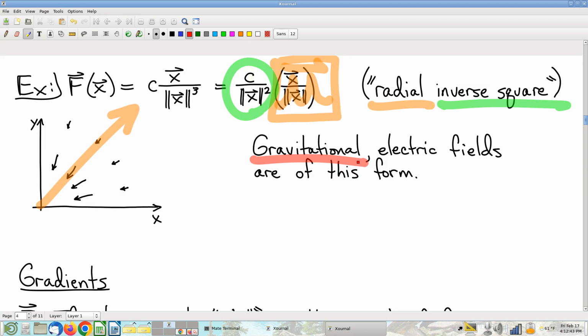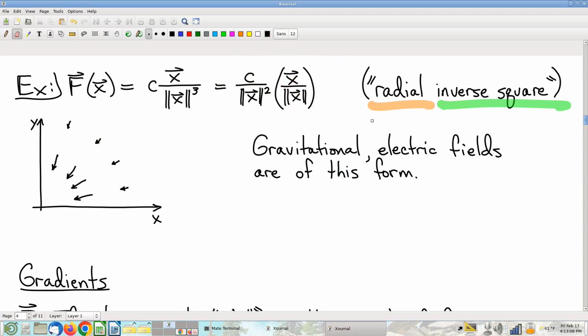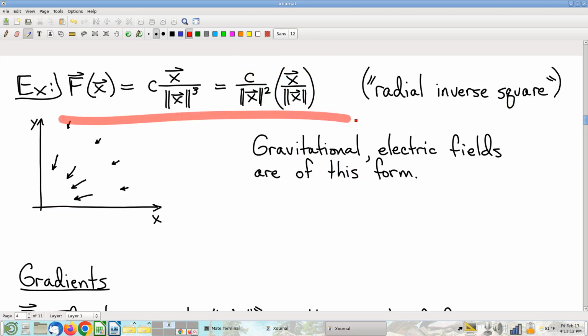Two pieces of mass attract toward each other, not repel away from each other. So gravitational force is intrinsically attracting, and so you get inward arrows. Electric fields have the same form, but depending on the charge of the particle, could be either inward or outward. Okay. All right.